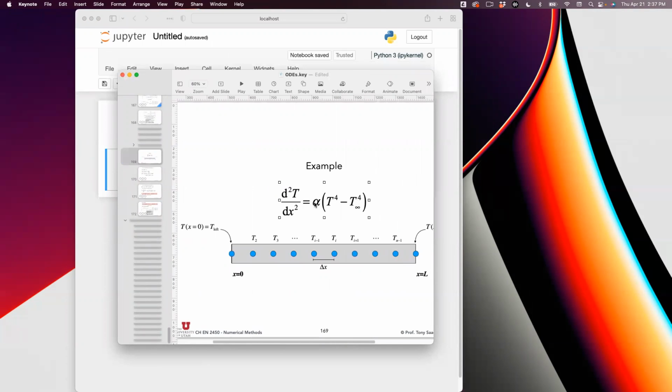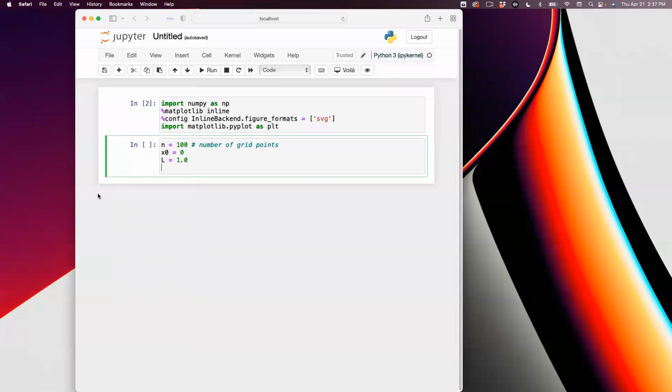This alpha is just a heat transfer coefficient. So we're just going to declare an alpha over here and put 1e to the minus 8, for example. This doesn't matter. This is just to illustrate the methodology. T left is 300, T right is 500. So Kelvin.